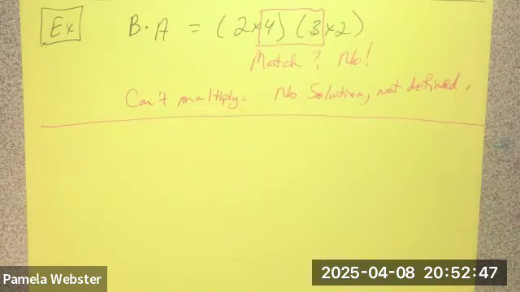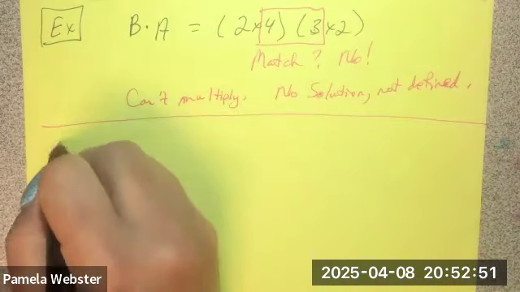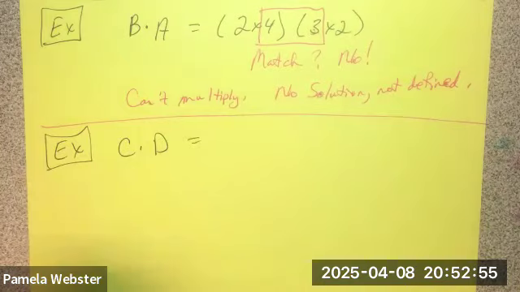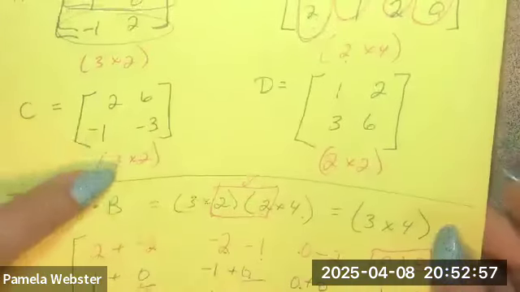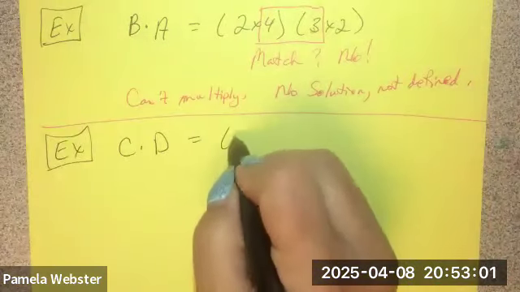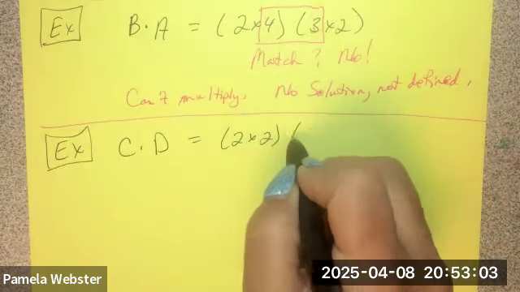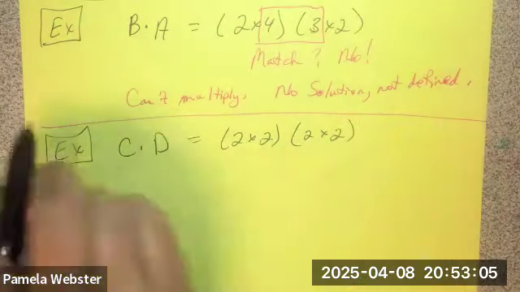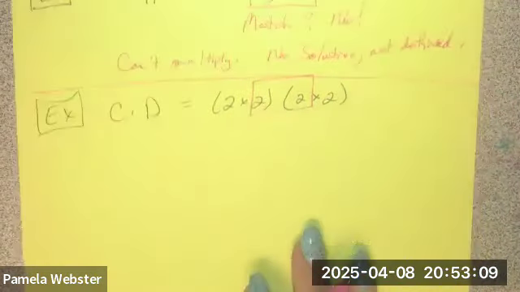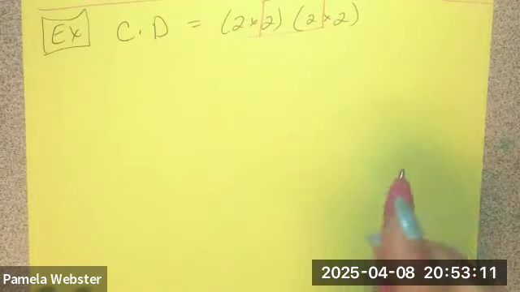Okay. So how about, and this is another example, CD, C times D. Okay, well, C is a 2 by 2 and D is a 2 by 2. Check those inside dimensions, columns out of C, rows out of D. Do those match?